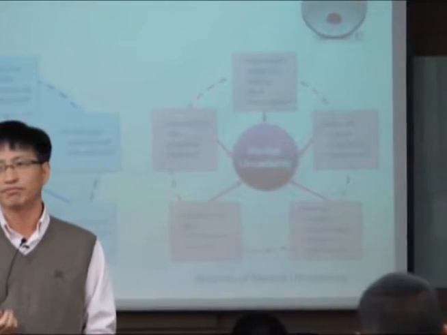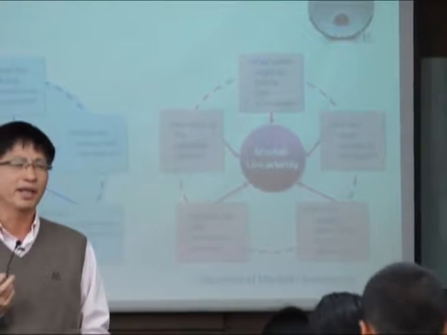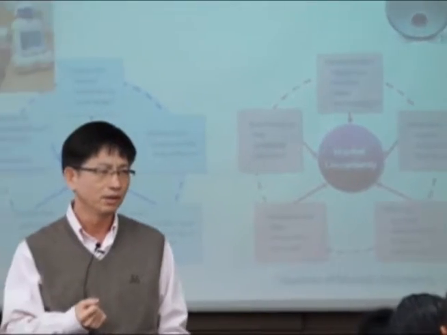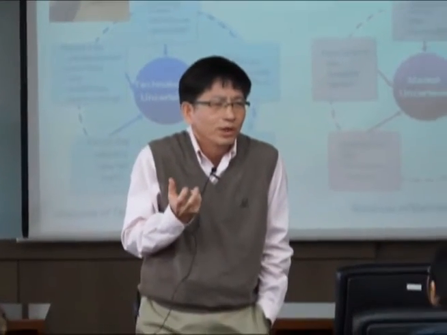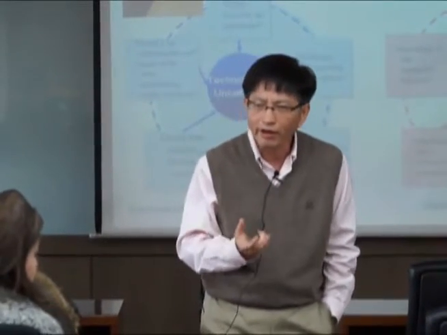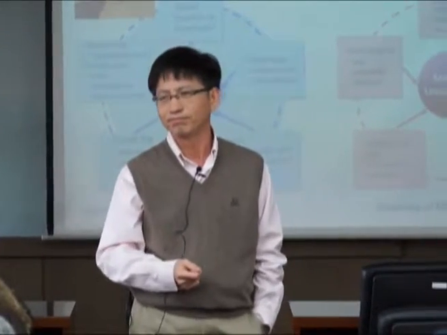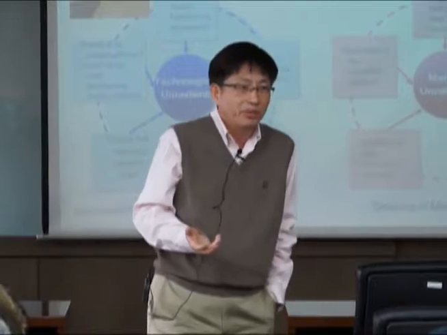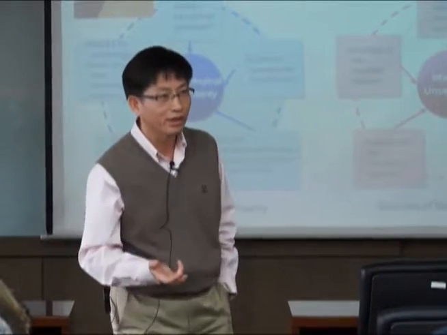How many uncertainties would it have? Artificial intelligence, a robot thing that cleans your room. That'd be beautiful, right? If it is working.